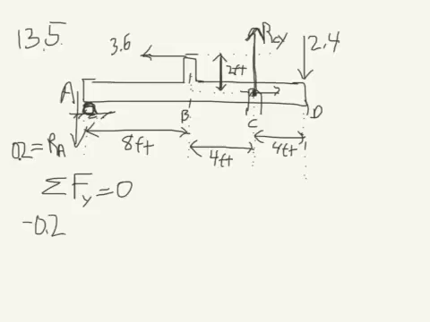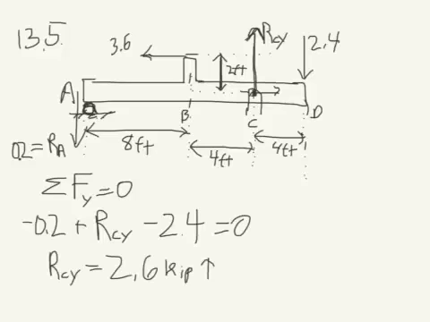Moving to the right, there is no vertical force at B, and we have to go all the way to C. RCY is going up, and then we have another downward force all the way on the right, this 2.4 going down. So from that we can find that the upward force at C is 2.6 kip, going up.